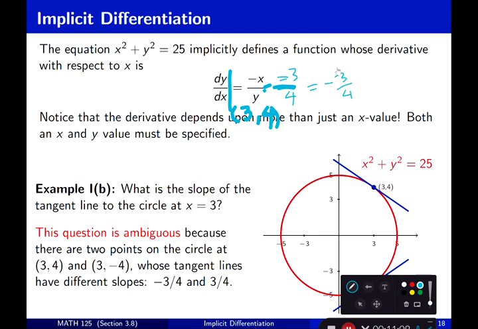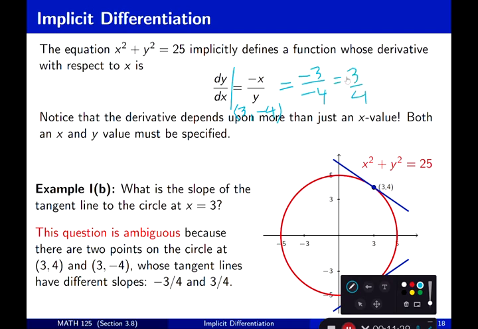If I plug in the other value, 3 and -4, then -3 over -4, the slope is going to be 3/4.